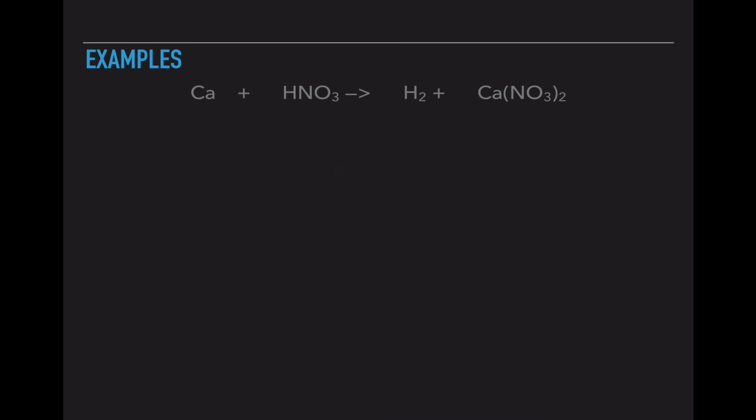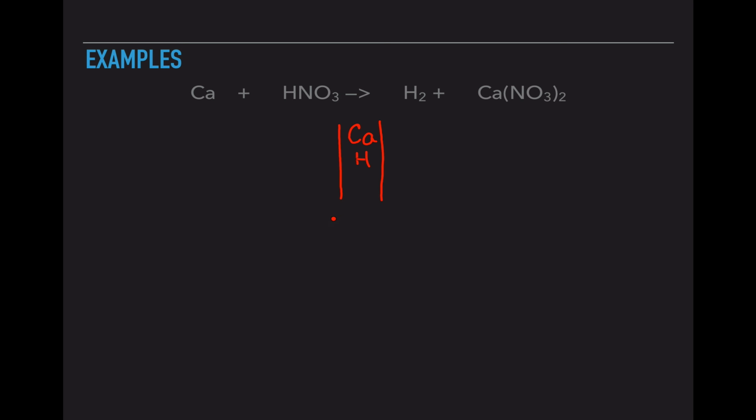One last example. This one looks a little bit more confusing. So what I'm going to end up doing is just making the element inventory, and I'm going to shorten it a little bit. I'm just going to go straight down the middle and not make the T-chart part. I have calcium, and I have hydrogen, but I also have this polyatomic ion. So notice I have NO3 on the left, and I have NO3 on the right.